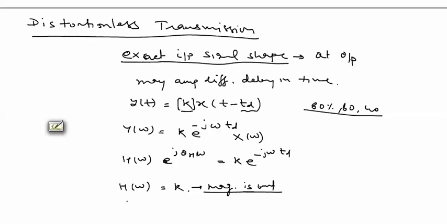And phase spectra, which we can denote by this also, is a linear function of omega. For definition purpose, we write the amplitude of H(omega) is constant for the entire frequency range and phase of omega is linear with frequency.